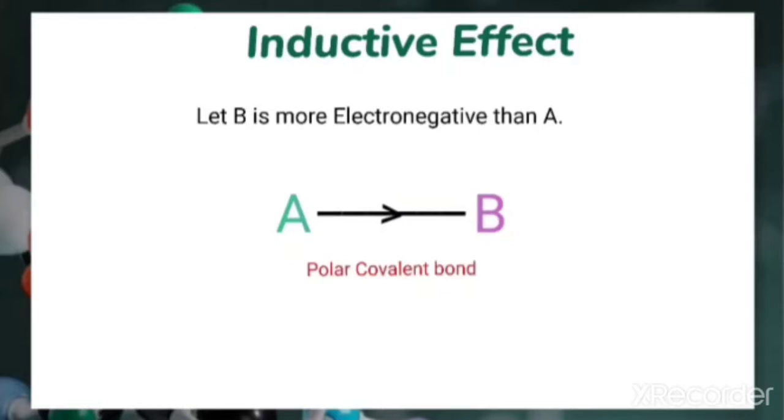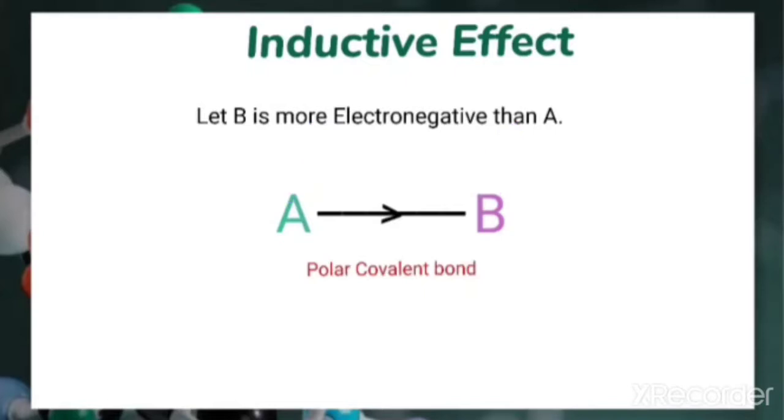Because of this, it develops a partial positive charge on A and a partial negative charge on B, because the electron density is closer to B. That's why B develops a partial negative charge and A develops a partial positive charge. Such a bond is called a polar covalent bond.